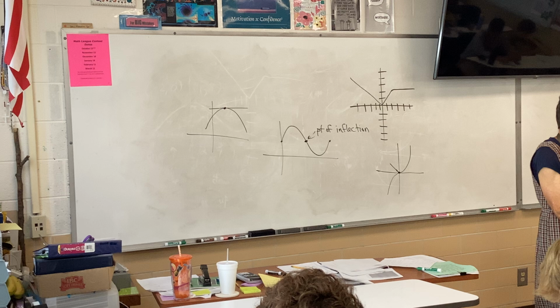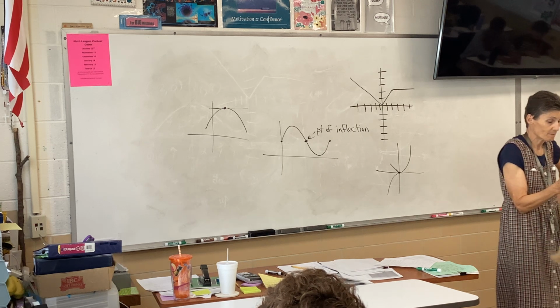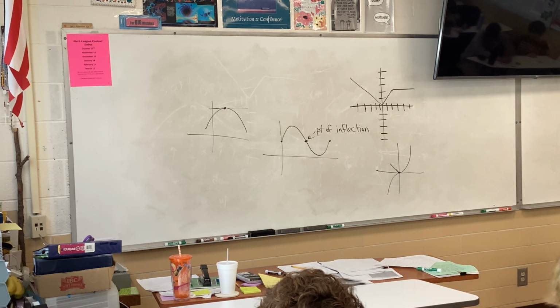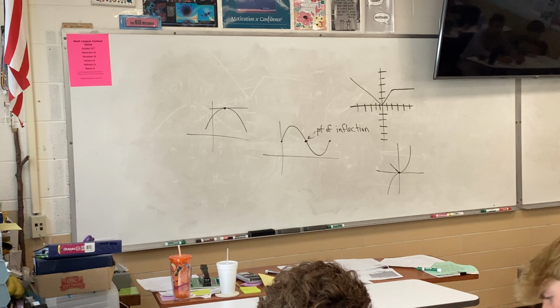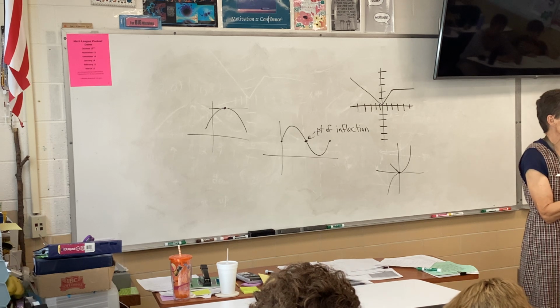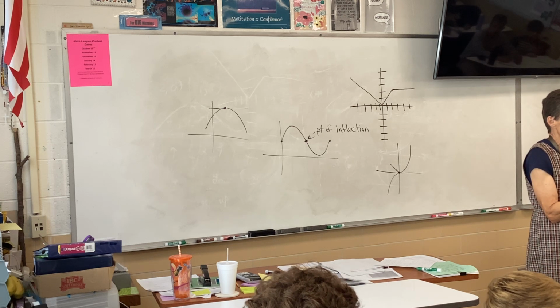At point E, is the slope of the curve negative or positive? What does this mean in the context of the problem? At point E, the slope is negative. What does that mean in the context of the problem? The GDP is going down?